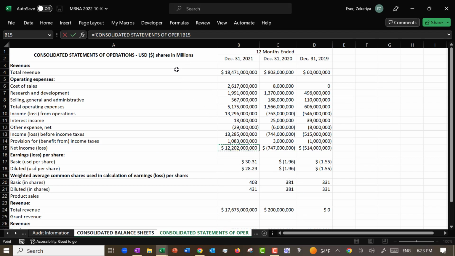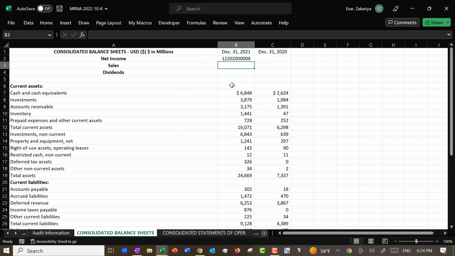These are shares in millions? Oh, shares in millions. Otherwise, it's in US dollars.